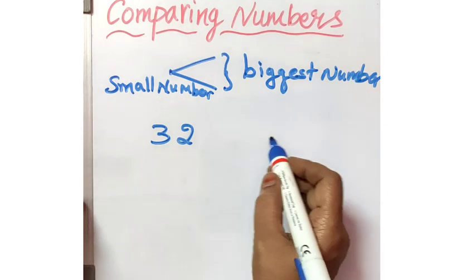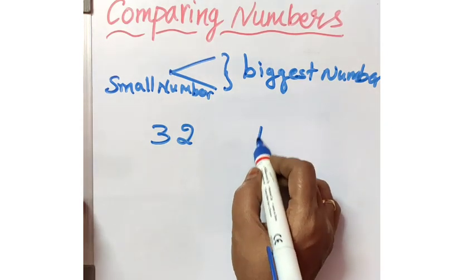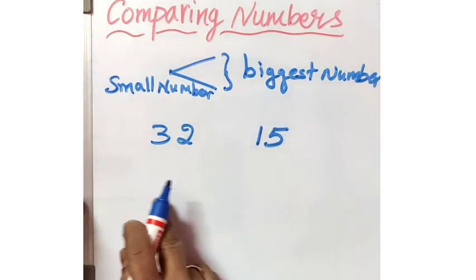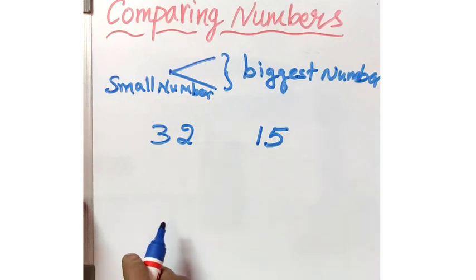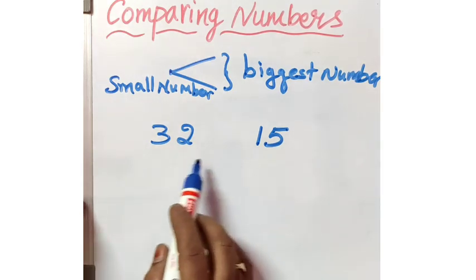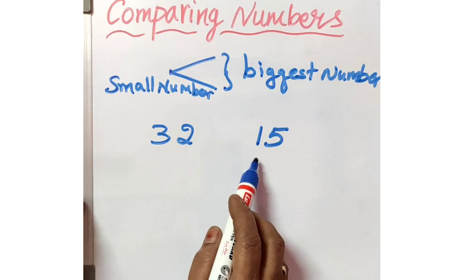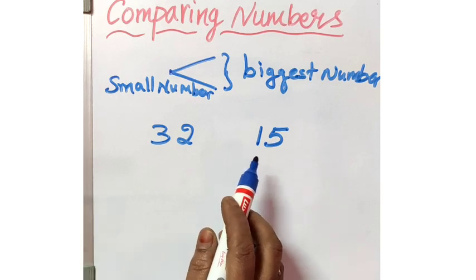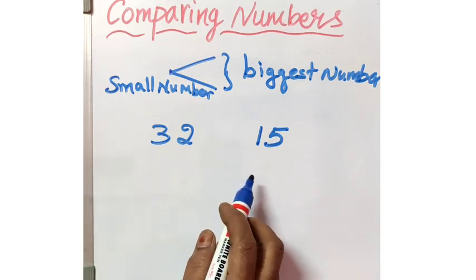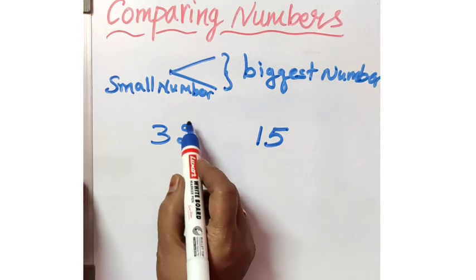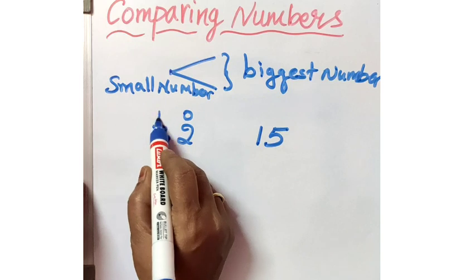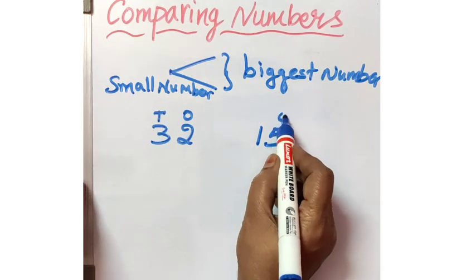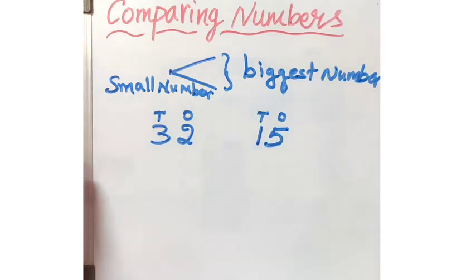Now let us take one more example, 32 and 15. Let us compare these two numbers. Here both are 2-digit numbers. When you are comparing 2-digit numbers, we have to compare the tens place first. This is ones place and this is tens place. Here also ones and tens. Remember that.